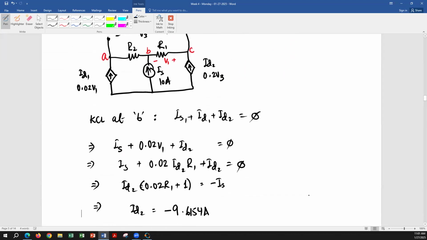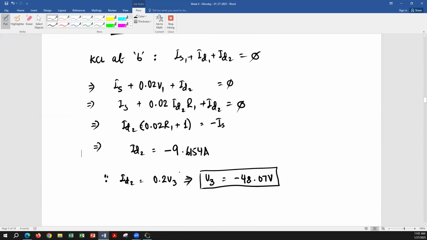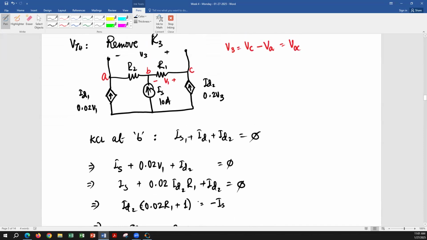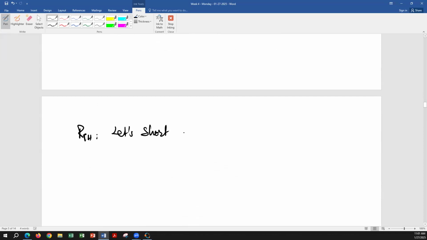Let's see how would that go. Let's short terminals A and C and find I short circuit.